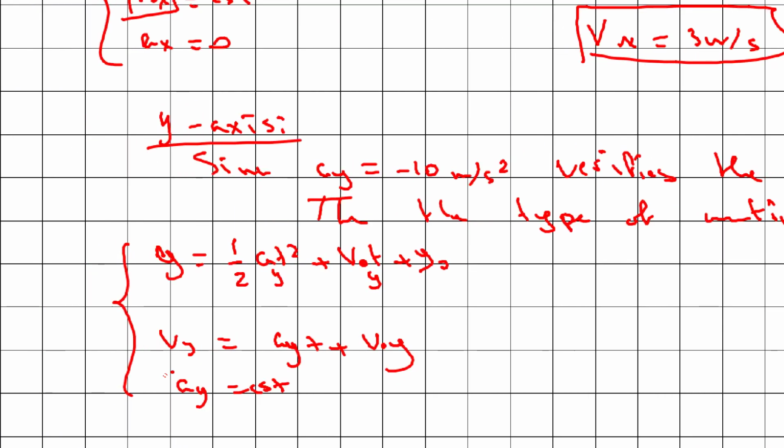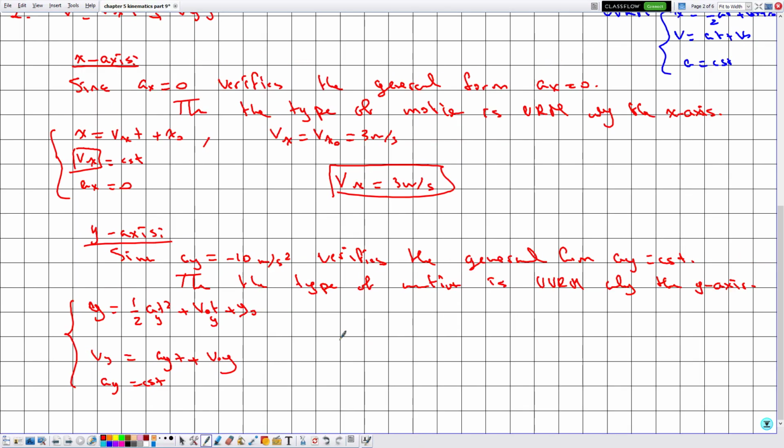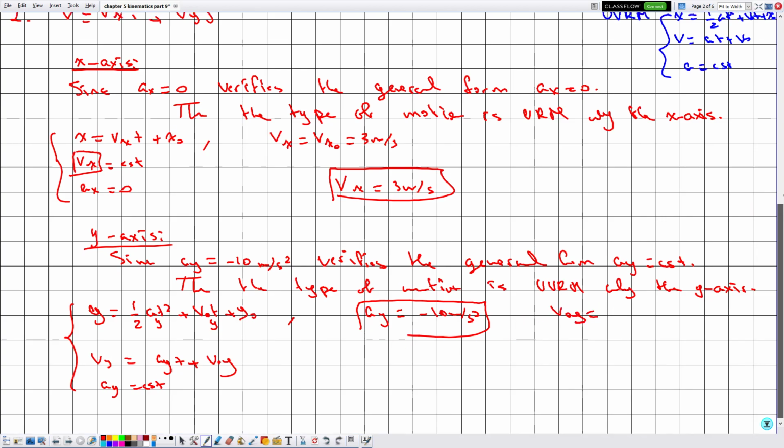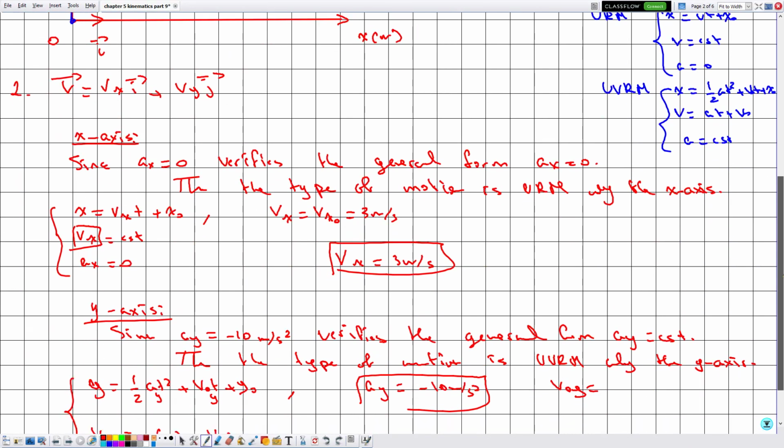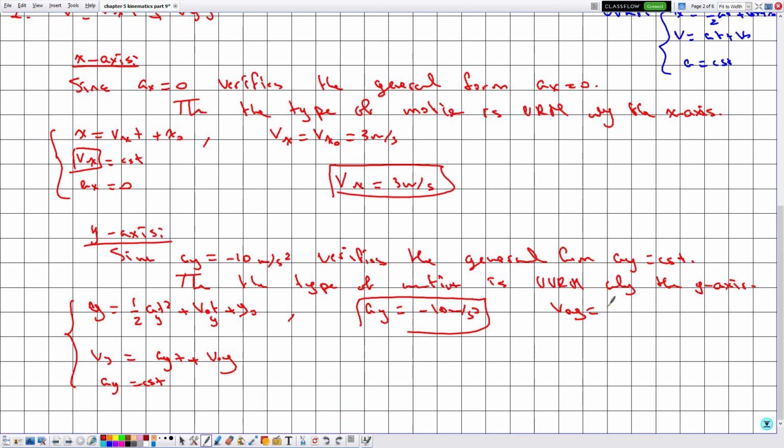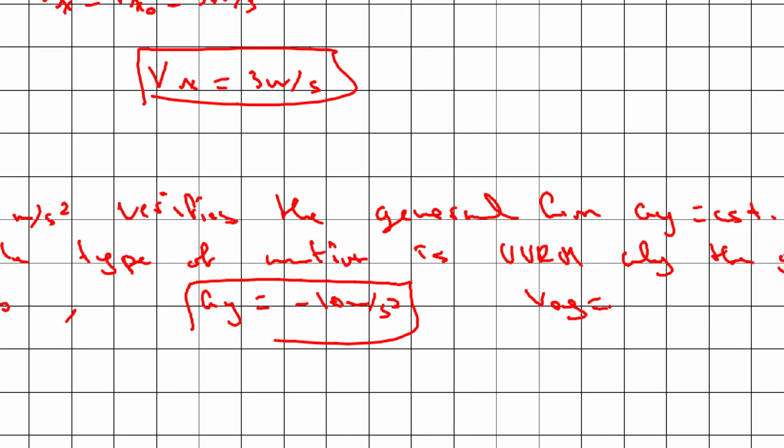Knowing that we are interested in determining vy, which means we need to determine ay and v0y. In this case, ay is given by minus 10 meters per second square, and referring to the initials, we have that v0y is given by 4 meters per second. So vy0 or v0y, it's the same.